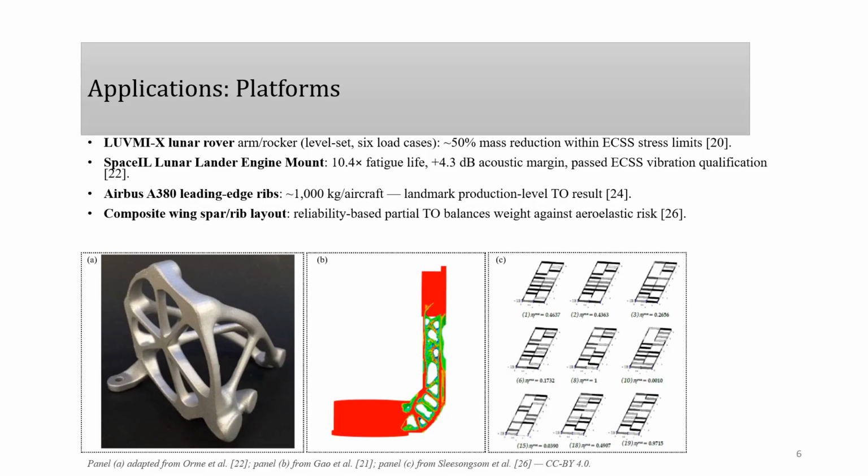These examples show that topology optimization is not limited to isolated academic benchmarks. It can influence real structures from rover mechanisms to aircraft components when properly integrated into the engineering design process.